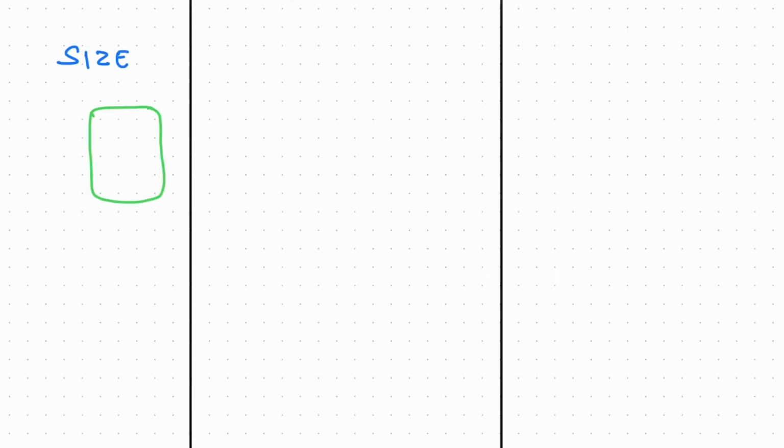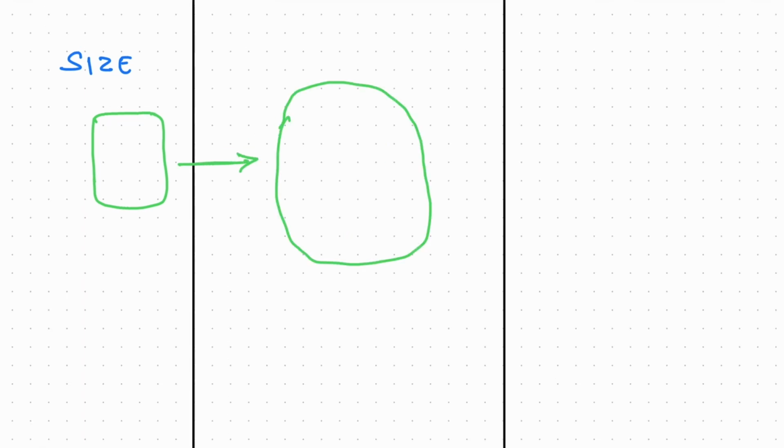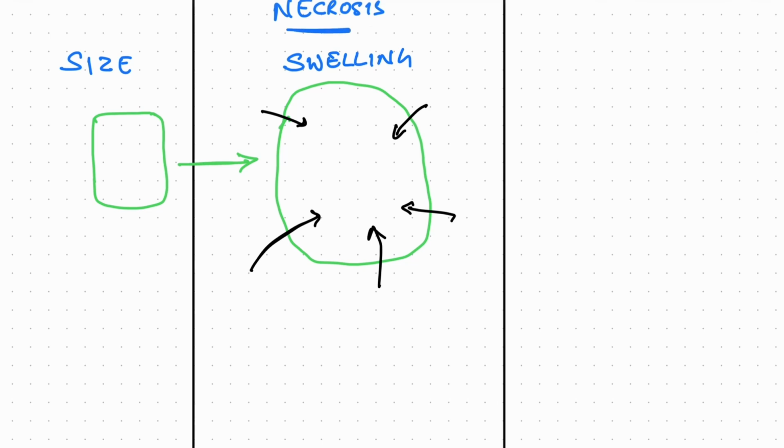Now let's look at the size of the cell. In necrosis, the injured cell typically swells. Severe injury interferes with the cell's ability to maintain its normal ion and water balance. So, water enters the cell and the cell becomes enlarged. In apoptosis, the opposite happens.